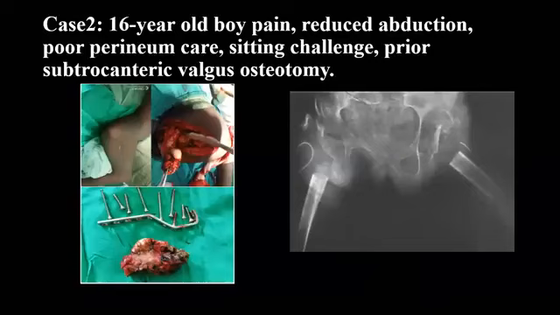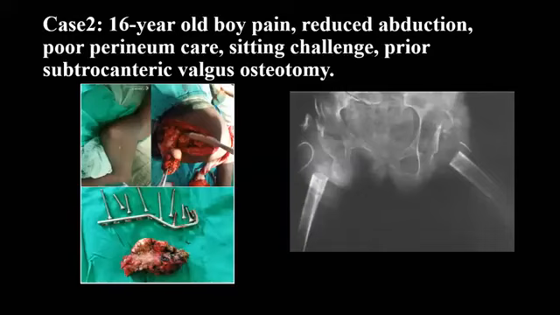The second case is a 16-year-old boy who came to me recently, who had an osteotomy, resection arthroplasty. Then after that, varus osteotomy, acetabular articulating osteotomy. It remodeled, and the child developed pain, and also poor perineal care.